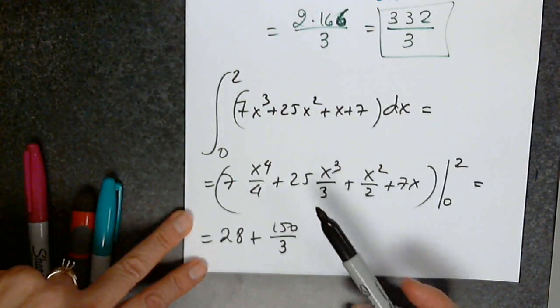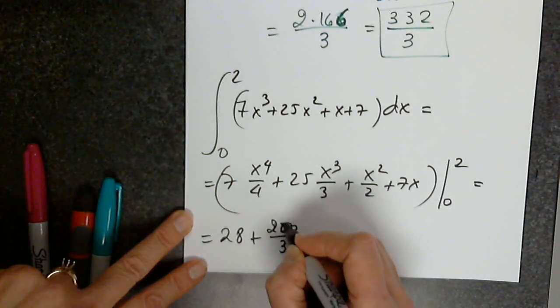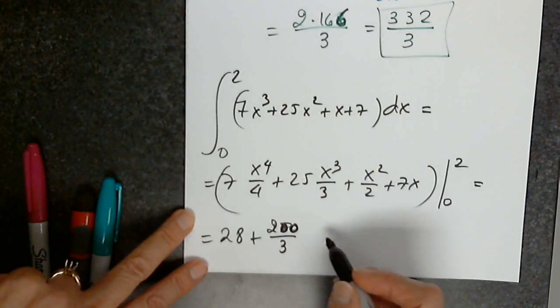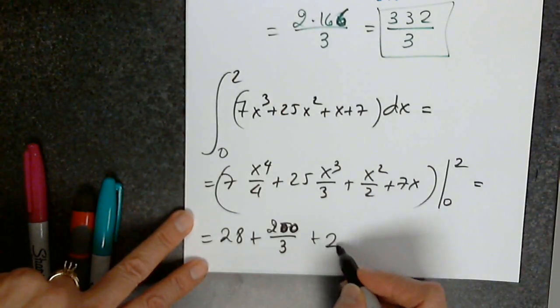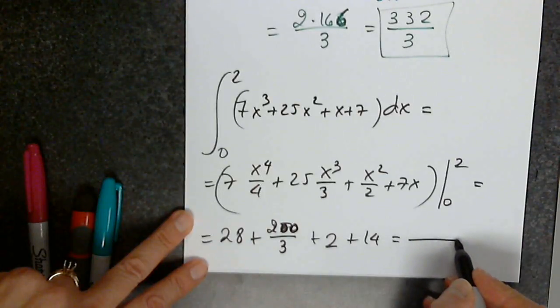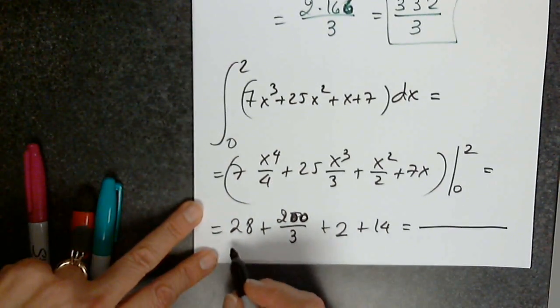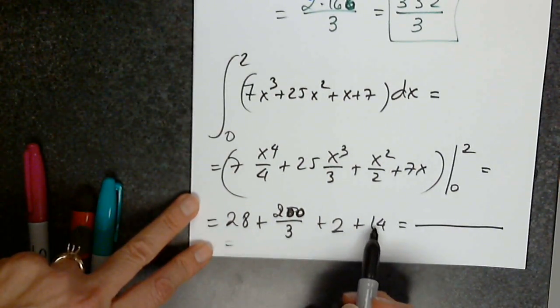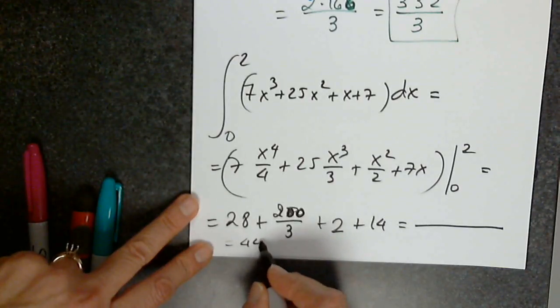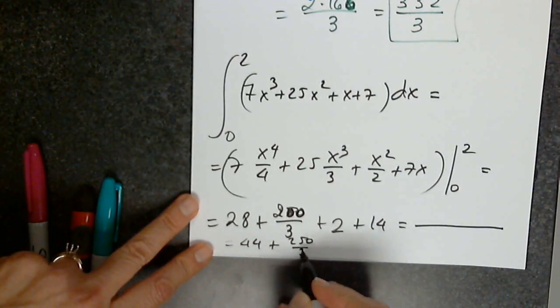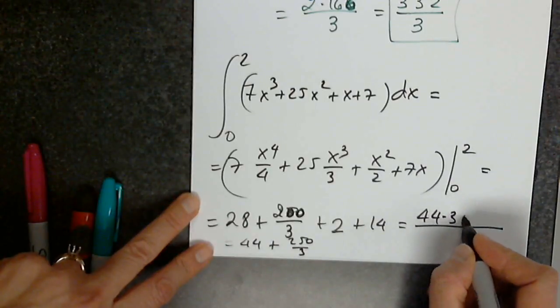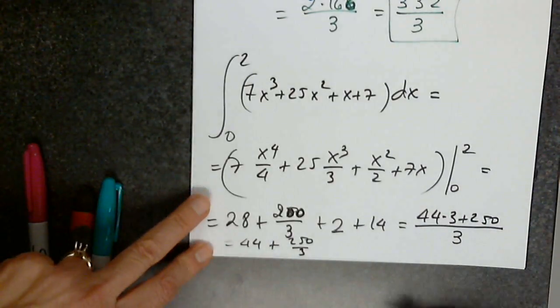No, it should be 200. 200, yeah. Good. And plus 4 over 2 is 2, and plus 14. Let me add them first. So this is 30, 44, right? Plus 250 over 3. So 44 times 3 plus 250 over 3.